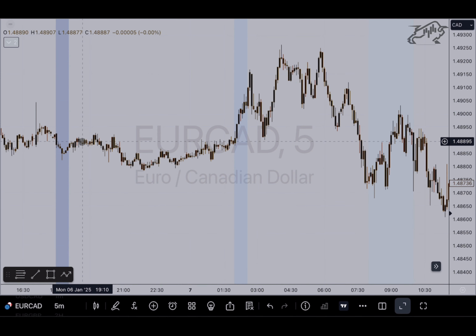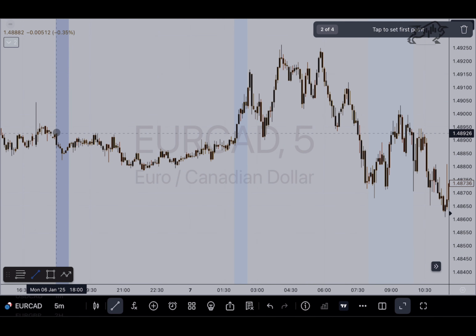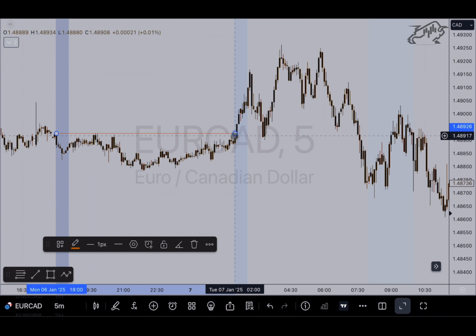So we allow for the first 30 minutes of each session to elapse because we are going to define that range. Okay, we need the high that is formed in that time frame, and we're just going to draw that out to the next session, you guys, just for illustration purposes.